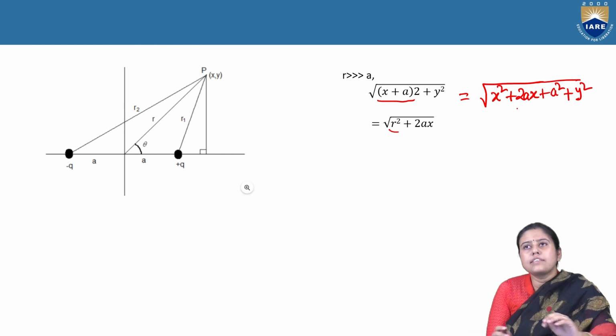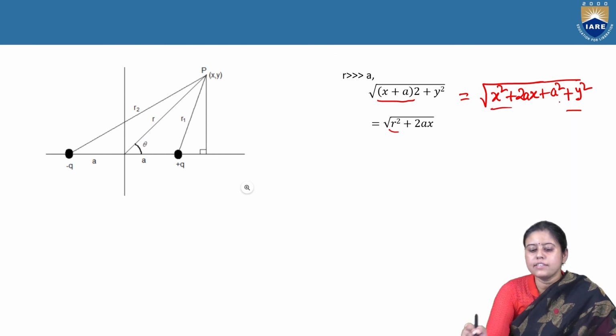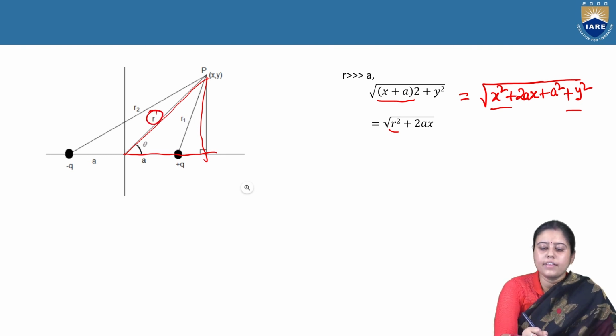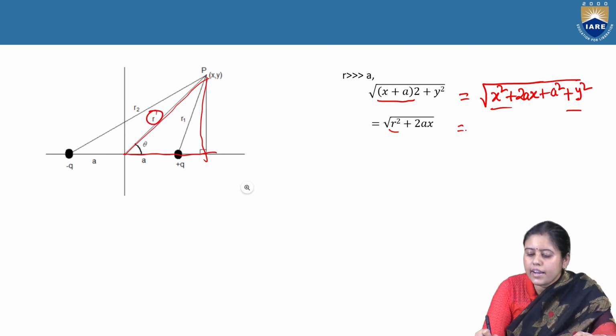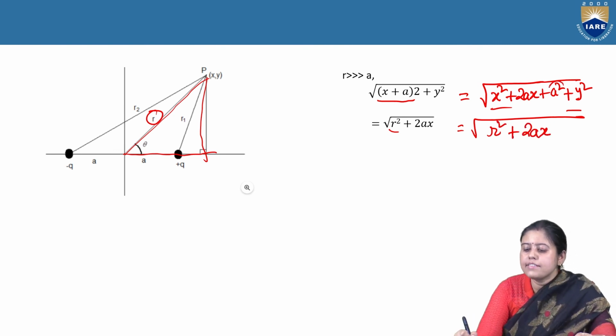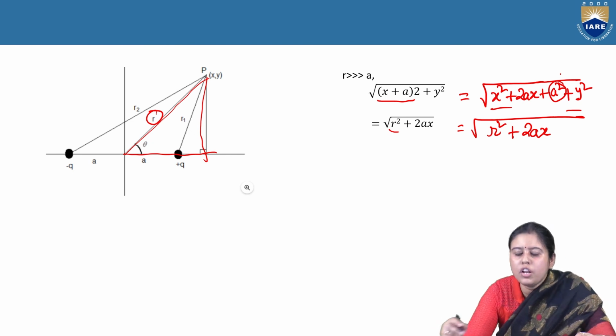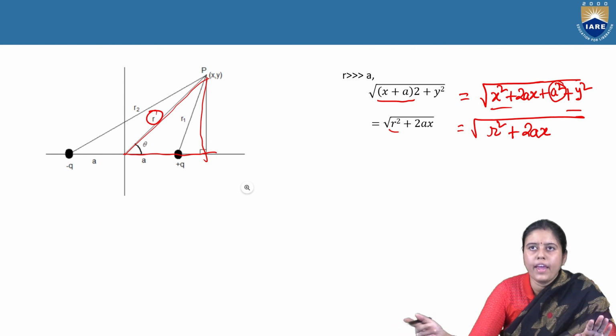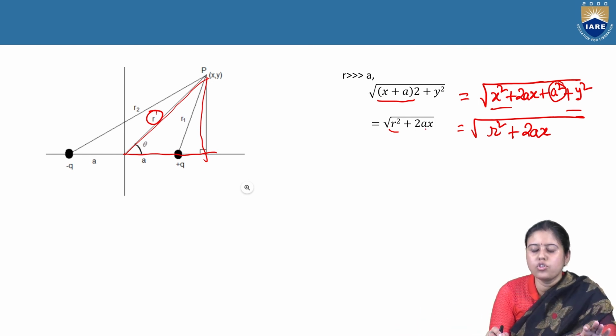And what is x square plus y square? If we take this triangle, x square plus y square is nothing but r square. So we can write r square plus 2ax. But as a square is very small, we can just cancel it. So we got the square root of r square plus 2ax.